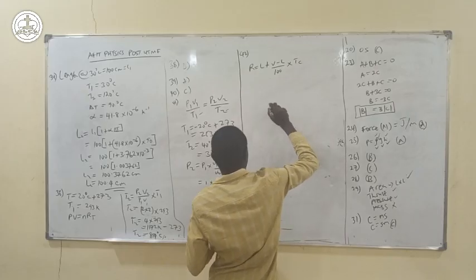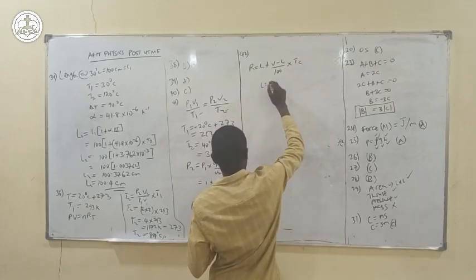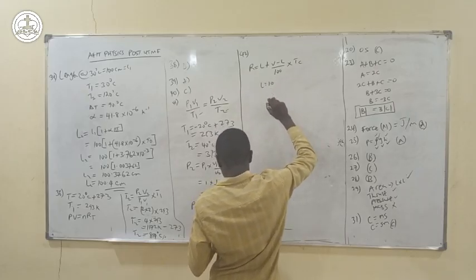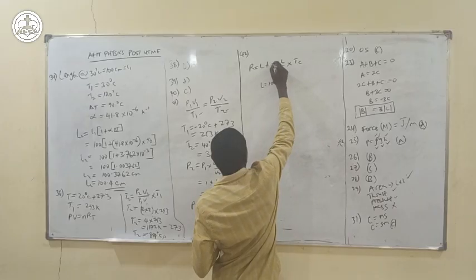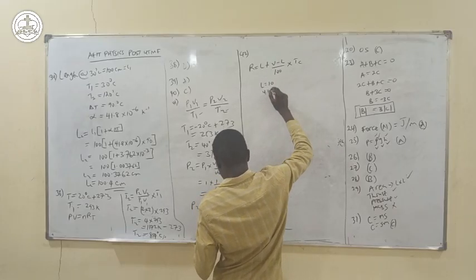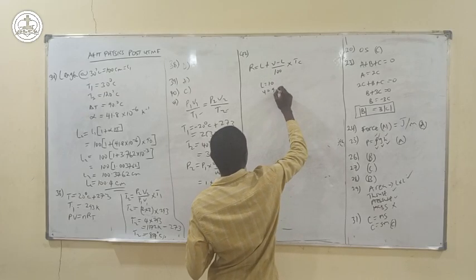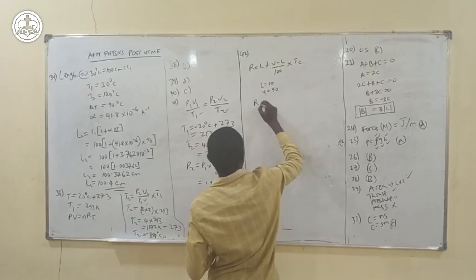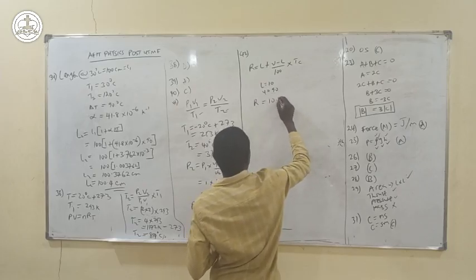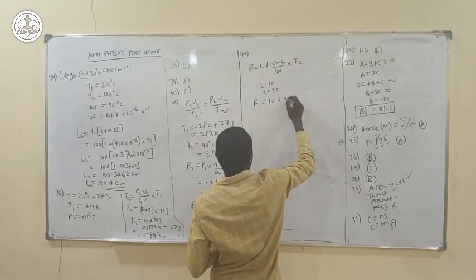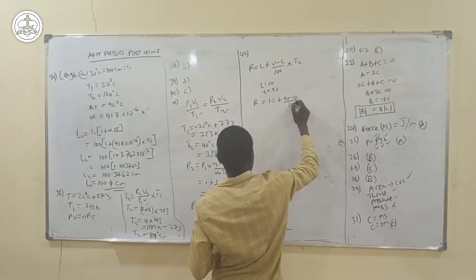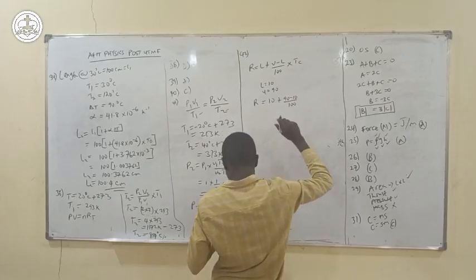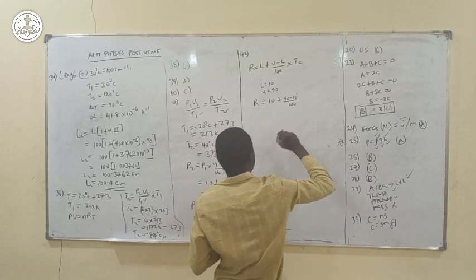So L is equal to 10 and, sorry, not V, U is equal to 90. So R is equal to 10, you substitute, plus 90 minus 10 over 100 times Tc is 30.